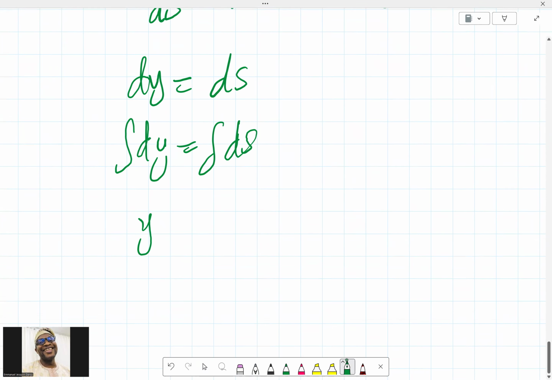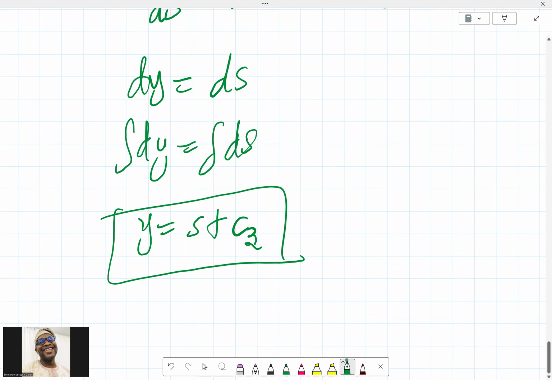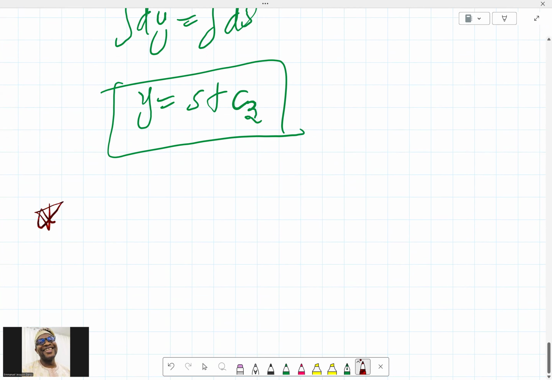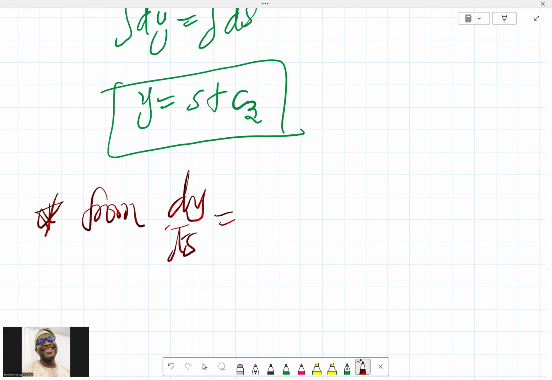Again, we have y equals s plus c3. Next, we know dy ds is equal to u.